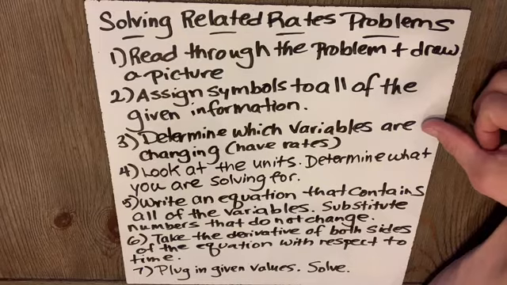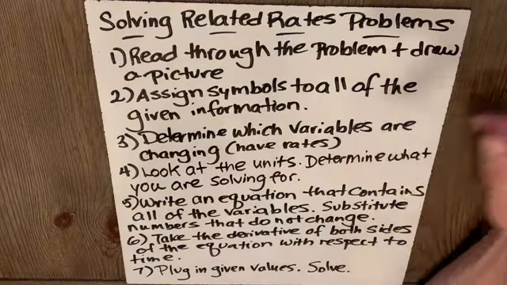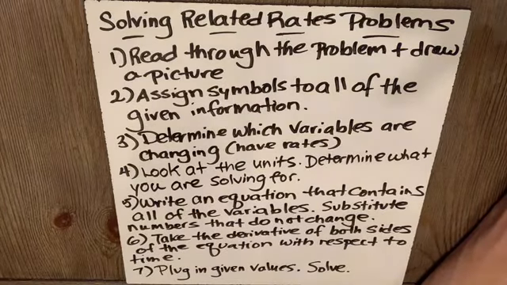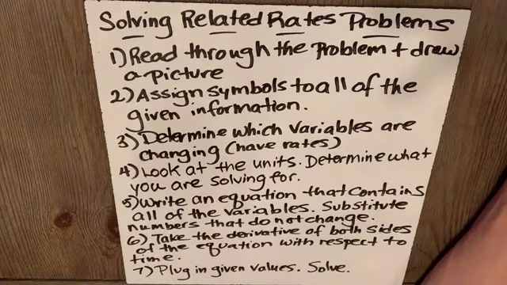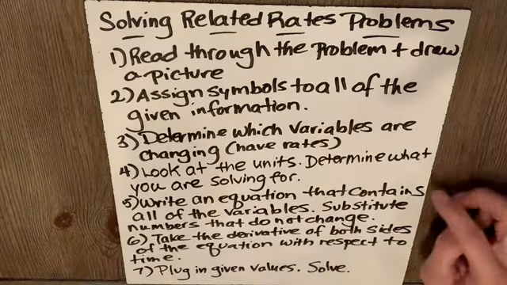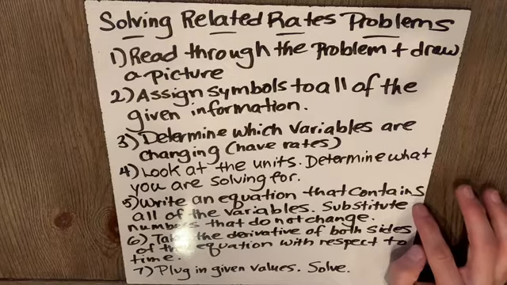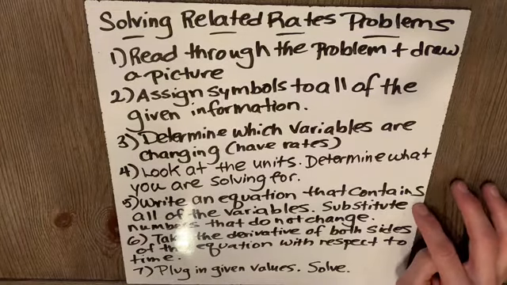3, determine which variables are changing and thus have rates or derivatives. Look at the units as we've done. If you see some unit divided by some other unit, that's a rate. 4, determine which variables you're solving for. 5, here's the key step. Write an equation that contains all of the variables.